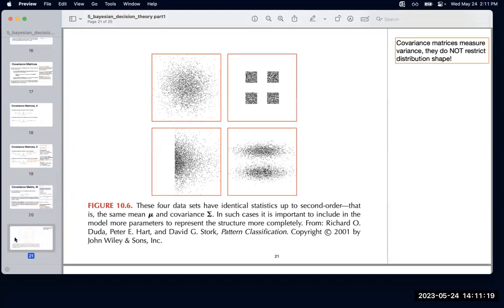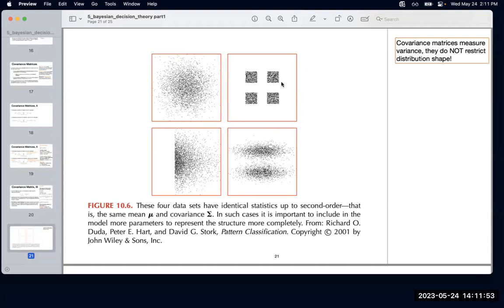So these are a few examples of data that are generated by the same mean and the same covariance, coming from the same specification of the way that we specify the probability distribution. But as you can see in each of those plots here, these are actually quite different in terms of how these points are distributed, are spread in the input space.